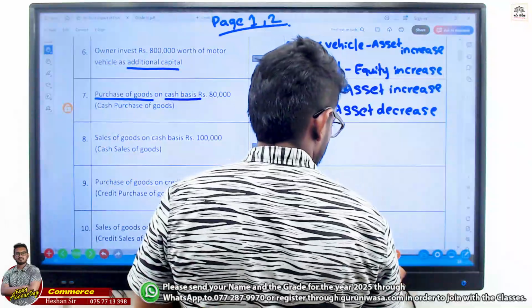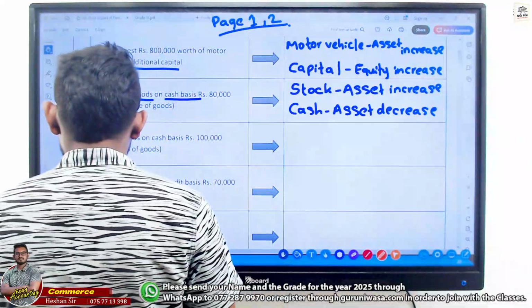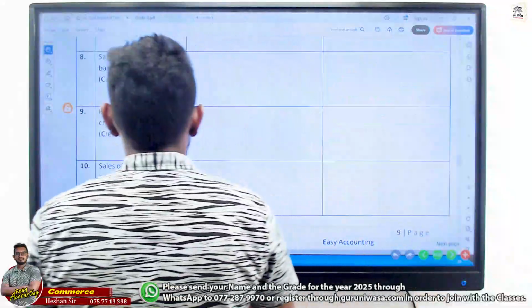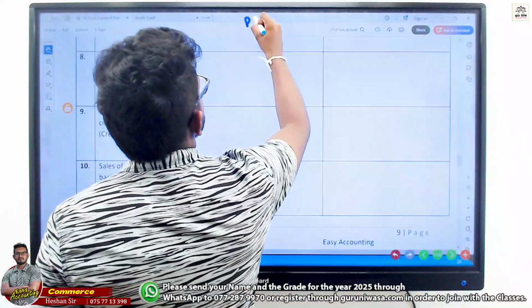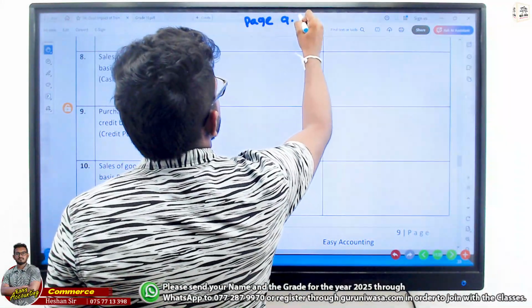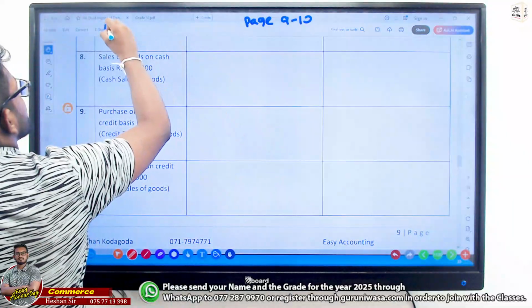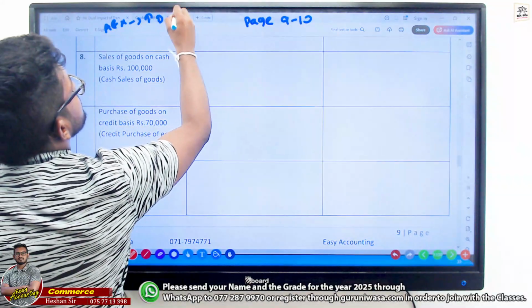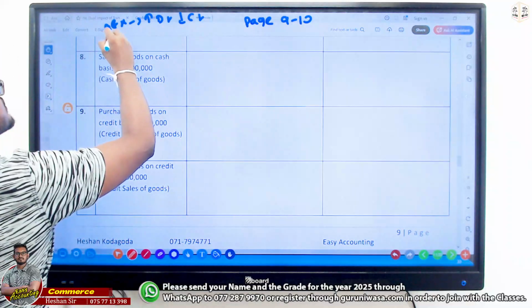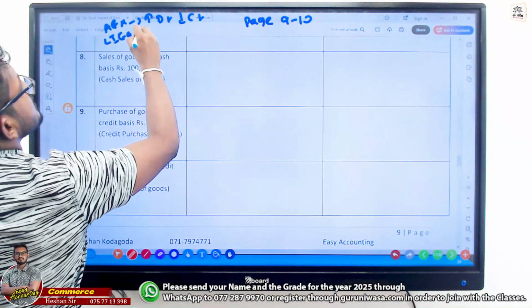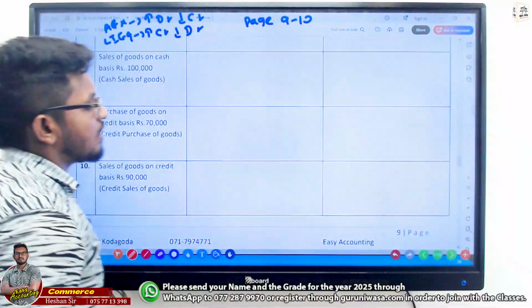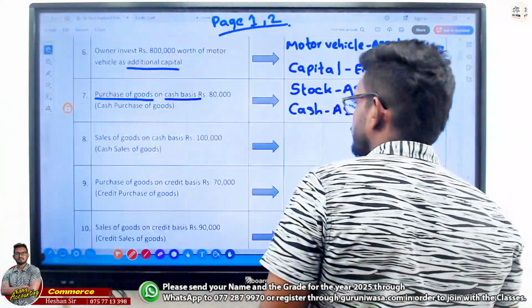I don't know the exact. So this is page number 9 or 10. You know, expenses increase debit, decrease credit; liabilities increase credit, decrease debit. Okay. Number 8, be careful.